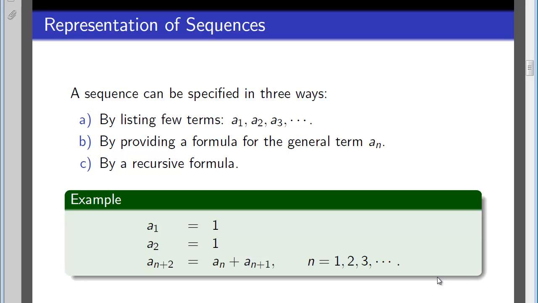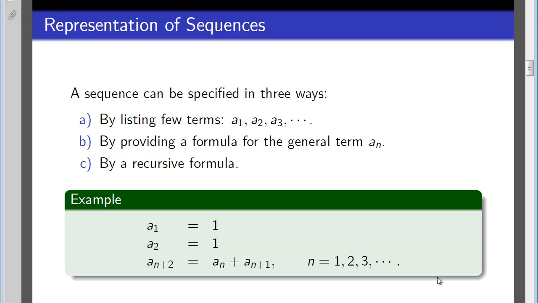But then we can say that a sequence can be given or specified in 3 ways, where I also want to say that the last example that is already seen here is called the Fibonacci sequence.